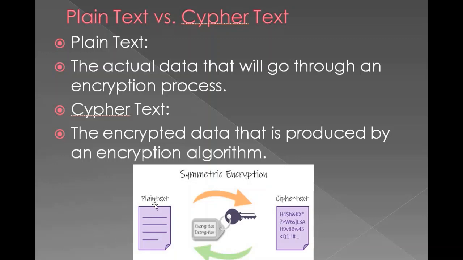And once you apply a lock on the plain text, when you apply encryption on this plain text, it becomes ciphertext, which is a code which looks like some gibberish or a string of different symbols and characters and alphanumeric data which you cannot read.